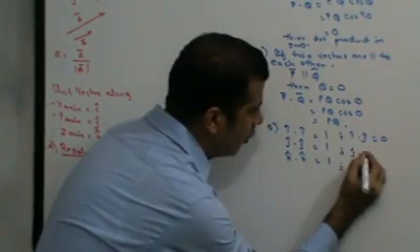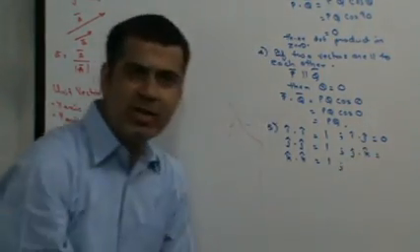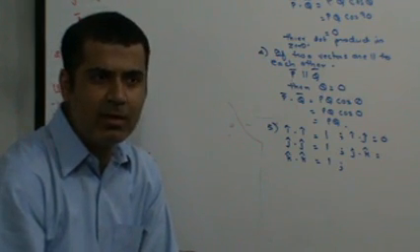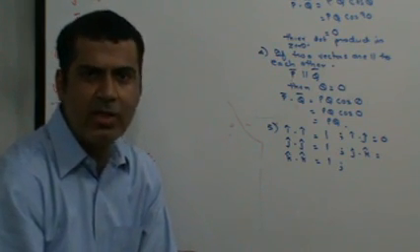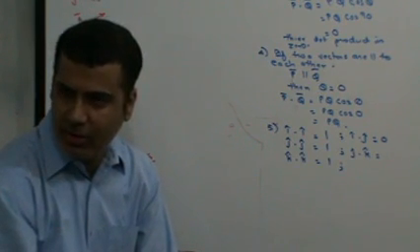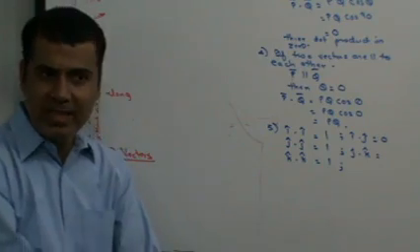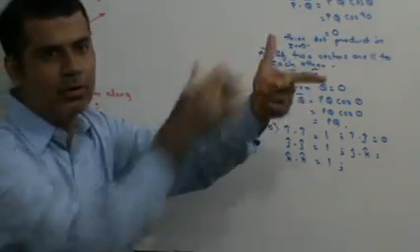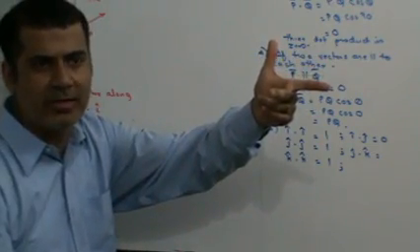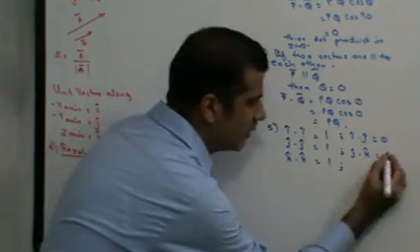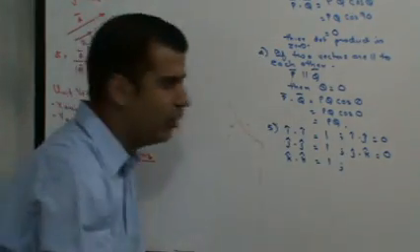Similarly, J vector dot K vector. What is J vector? Unit vector along the y-axis. What is K vector? Unit vector along the z-axis. Right? The y-axis and z-axis are perpendicular to each other. The angle between them is 90. X, Y, Z, all three are perpendicular to each other. Since the angle is 90, their product will be 0.